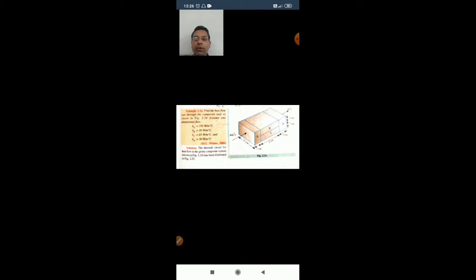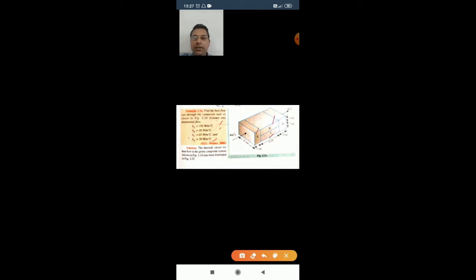So here the problem is to find the heat flow rate through the composite wall as shown in the diagram, and moreover the problem is simplified using only one dimensional flow as shown in the diagram. The thermal conductivities and the dimensions are given. Thermal conductivities of A, B, C and D are given.